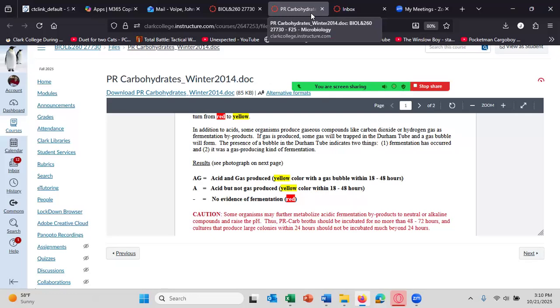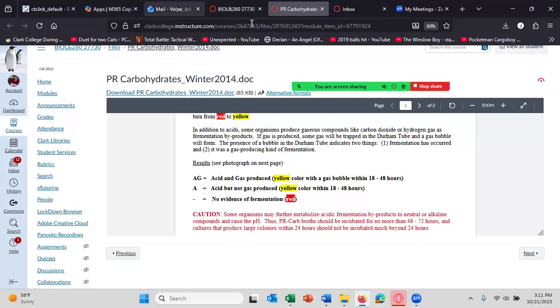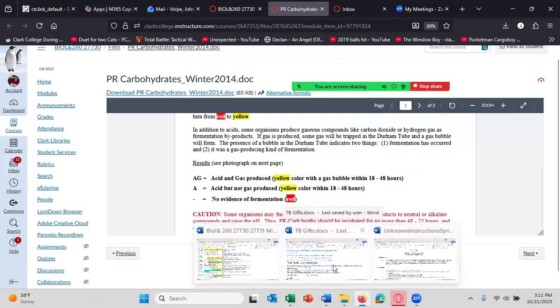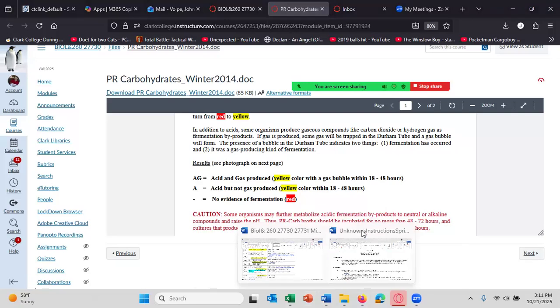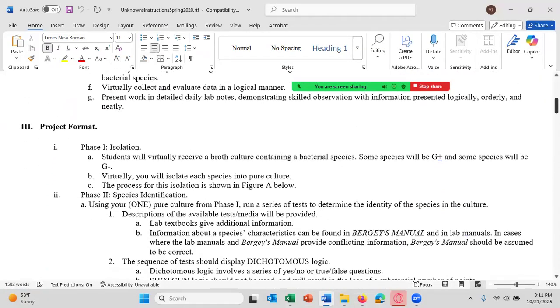So how many tests do we request? This project is following dichotomous logic. I started talking about that and I never got back to it. My apologies. It's in the project that this project is following dichotomous logic. That means you can only request one test at a time.